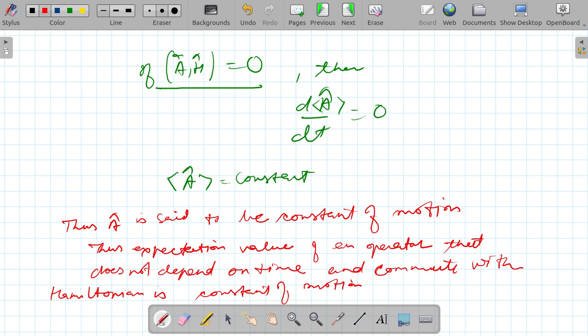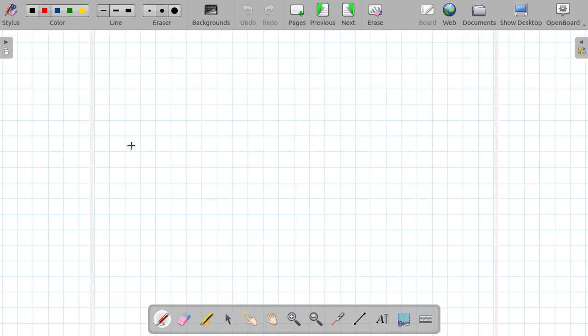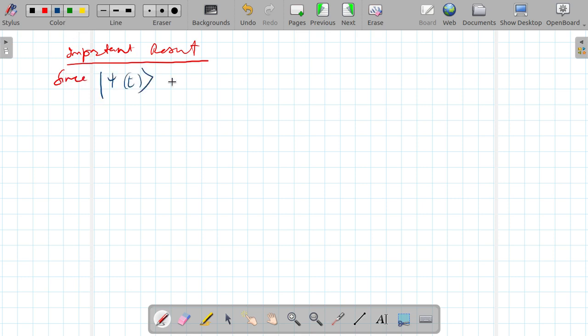Now, next, let us discuss a very important result. Since we know that psi(t) is equal to U(t, t0) psi(t0), this important result is regarding the property of this unitary operator.